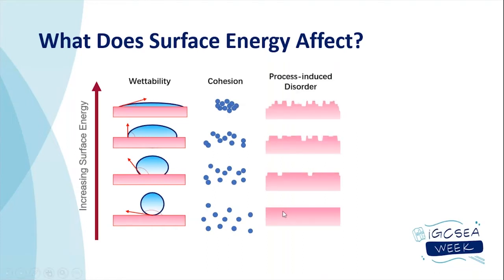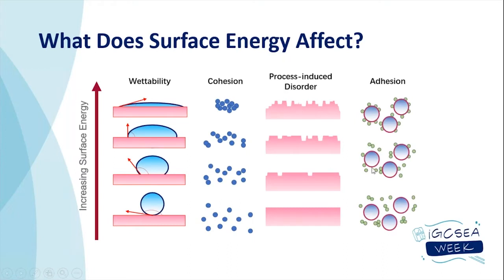If I am milling or grinding or plasma treating or doing some sort of mechanical or oxidative or other process, very often, although I may make the surface more rough, and surface energy by itself is independent of roughness or surface area, I'm often going to expose buried interfaces, open up different crystal planes, make the surface amorphous, and I very often will increase the surface energy of the material as well.